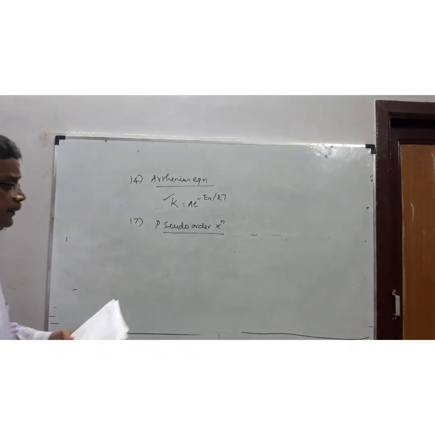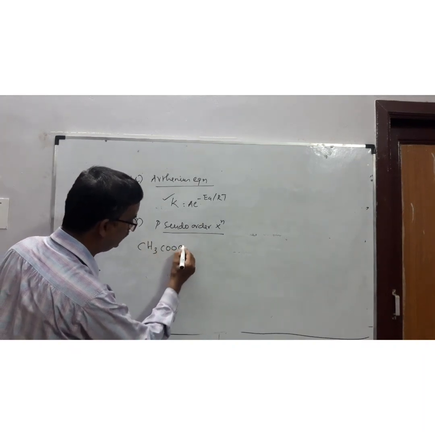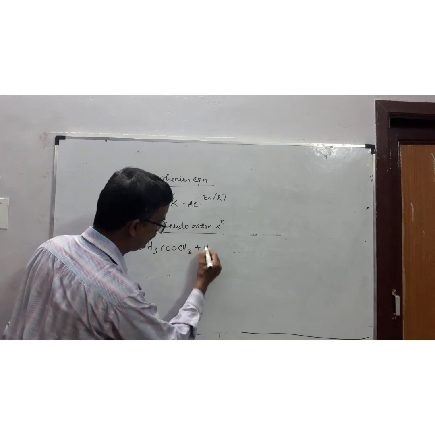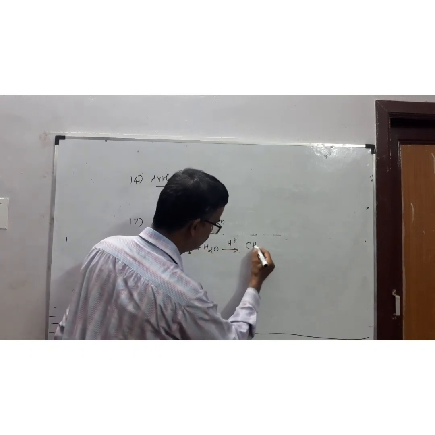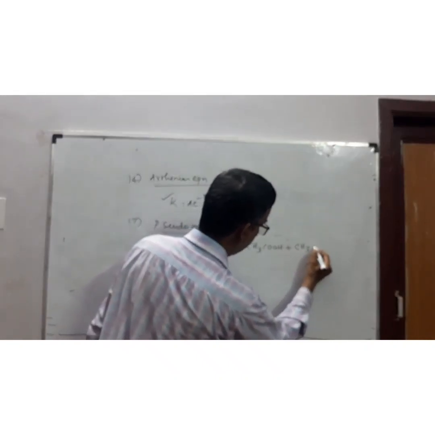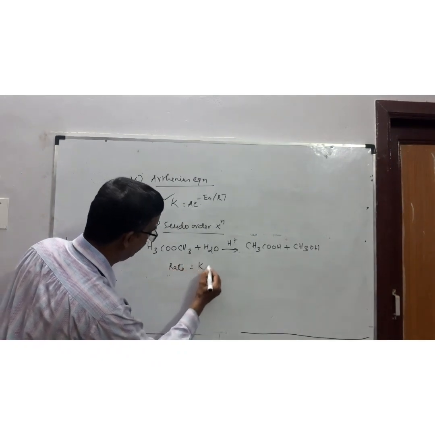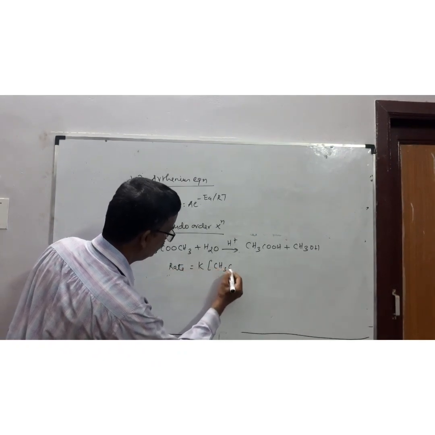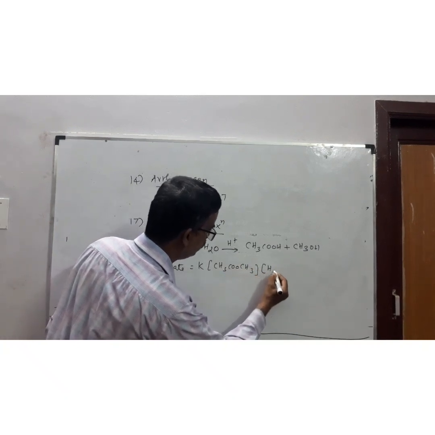Example: the hydrolysis of methyl acetate in the presence of acid is an example of pseudo first order. They get acetic acid and methanol. The rate of the reaction equals rate constant into ester concentration, methyl acetate concentration, and water.